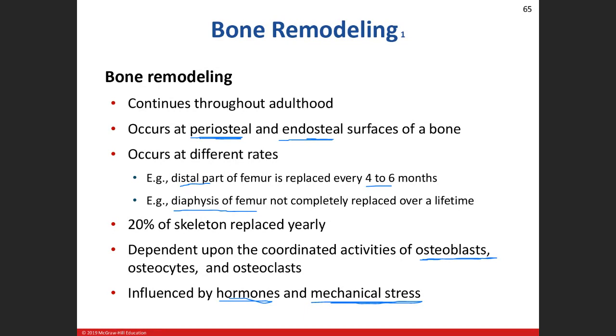Obviously the osteocytes, because they're going to maintain that bone matrix, and they'll trigger if we need to build more bone. And then osteoclasts, because what we make, we have to resorb in certain areas. So those three cells are going to play a large role in the bone remodeling process.